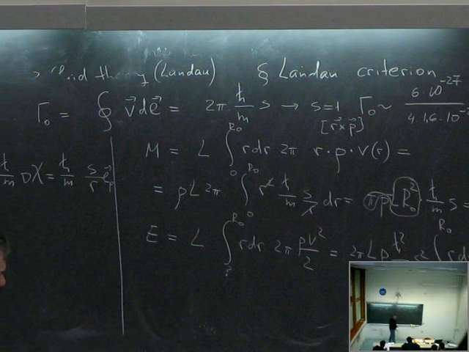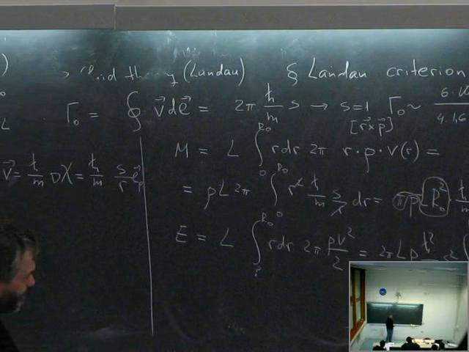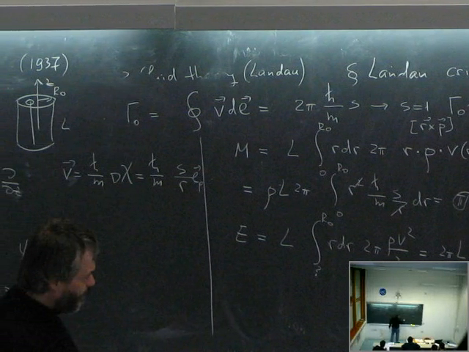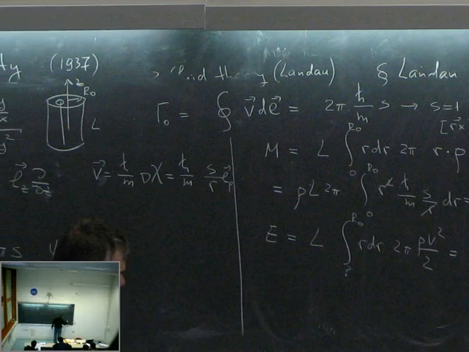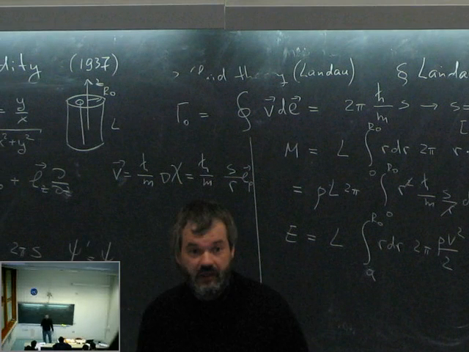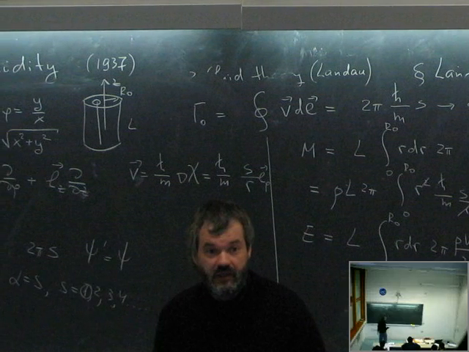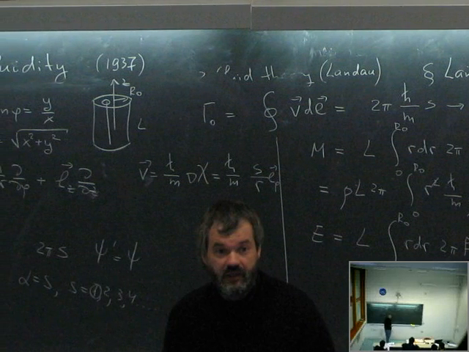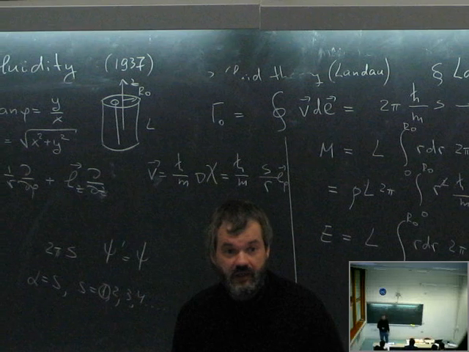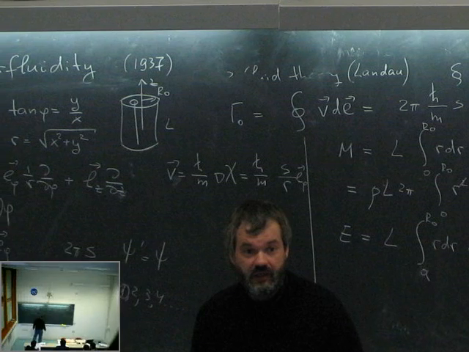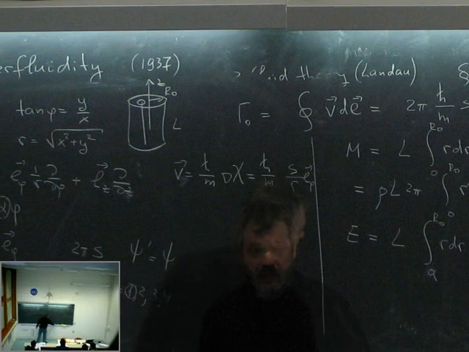Therefore, in order to cut this integral in the lower limit, we need to put the interatomic distance, which is a natural cut of all divergences in solid state. So there is no divergences on small distances, because everything should be regularized by the interatomic distance.